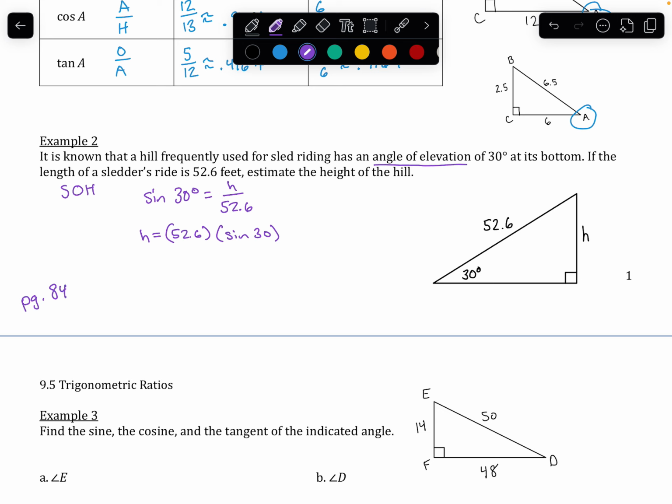There's a chart that you can use for these. Or you can type it in your calculator, which I'm going to do. Sine of 30 is 0.5, times 52.6 is going to equal 26.3 feet. h. So there's your answer.